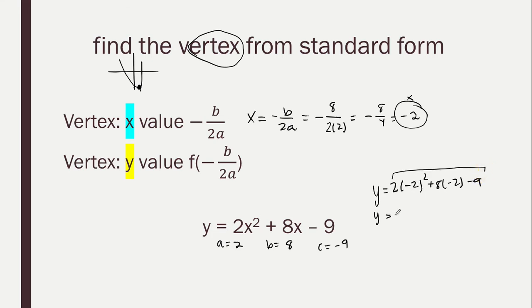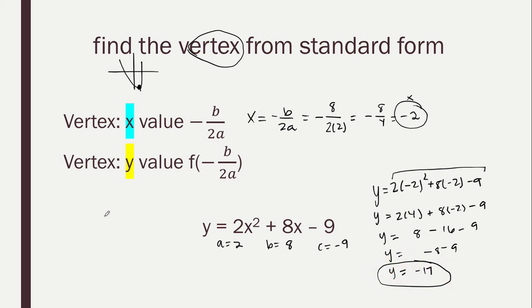Negative 2 squared is 4, so 2 times 4 plus 8 times negative 2 minus 9. 2 times 4 is 8. 8 times negative 2 is negative 16 minus 9. 8 minus 16 is negative 8 minus 9, so that would be negative 17. So this has a vertex at negative 2, negative 17.